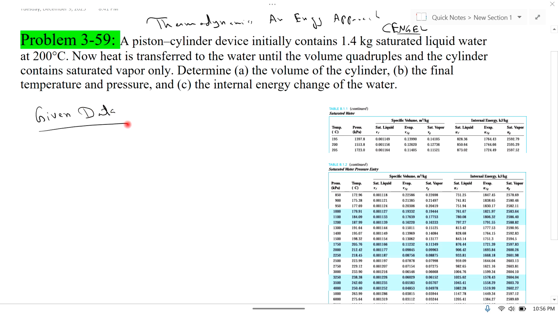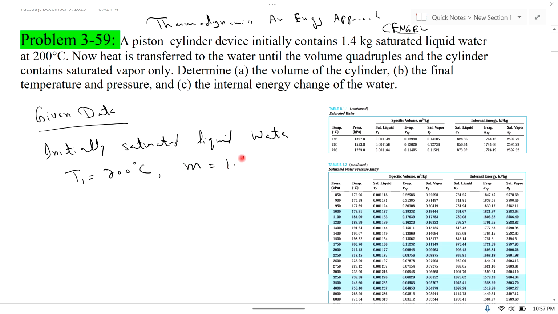Initially the working fluid is saturated liquid water, which means that the first state is on the saturated liquid line at 200 degrees centigrade. Initial temperature is 200 degrees centigrade and mass is equal to 1.4 kg.